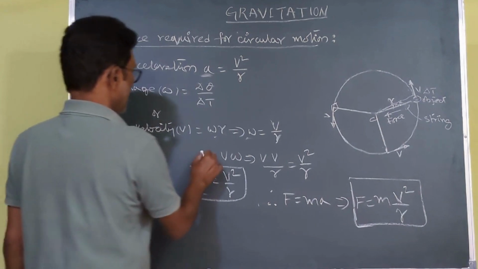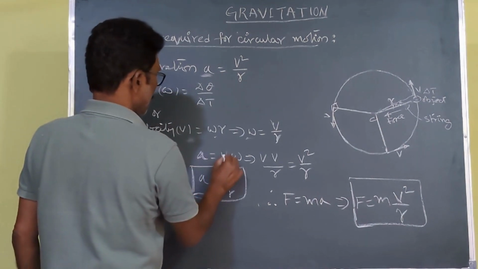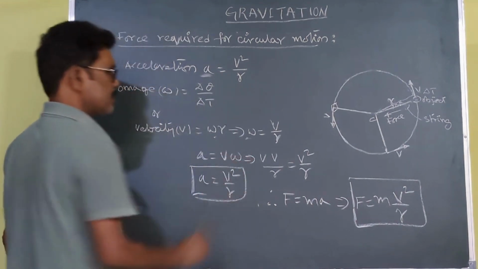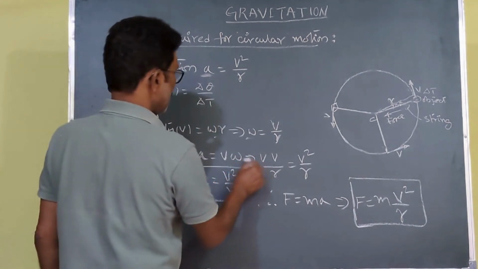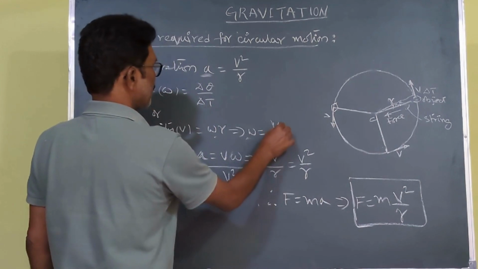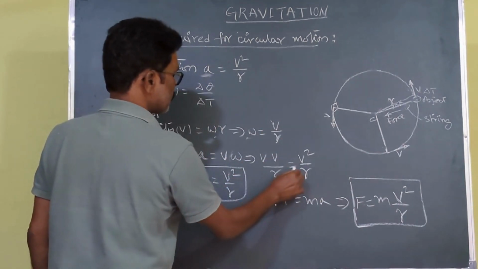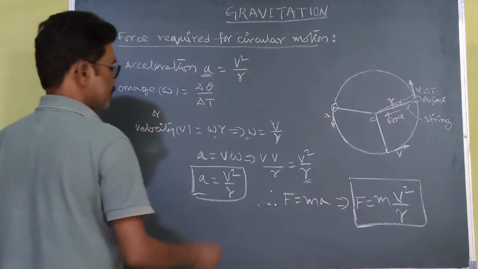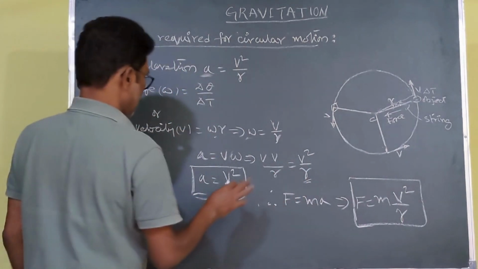Acceleration equals velocity into omega, so substituting omega as v by r, it becomes v into v by r.